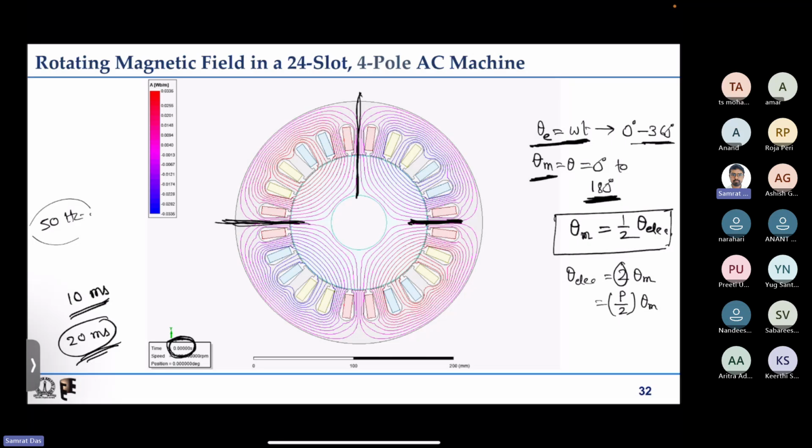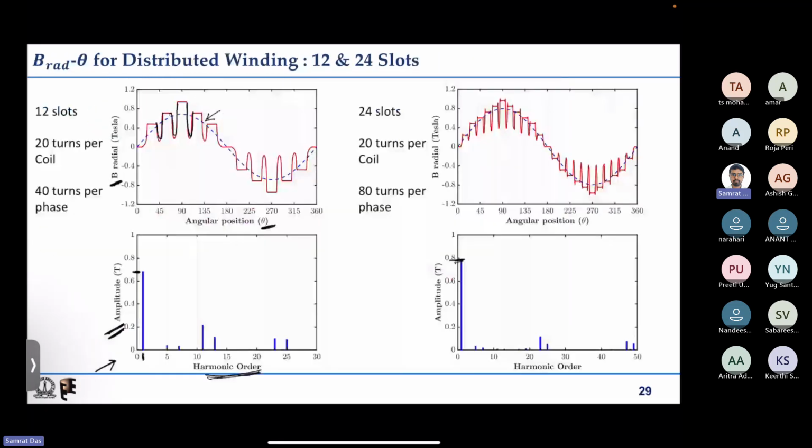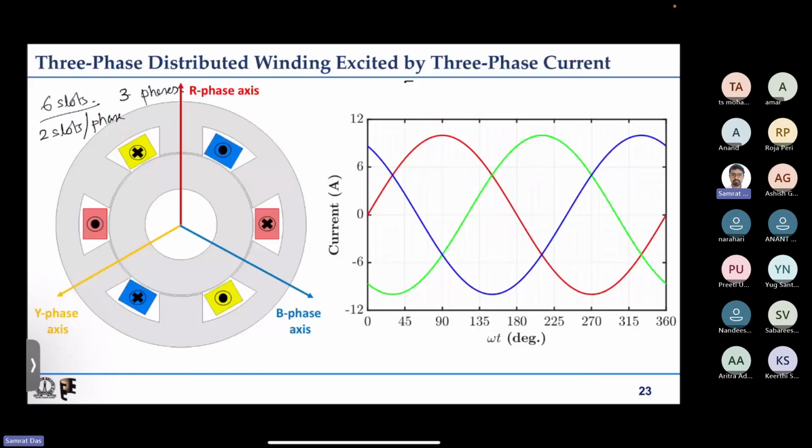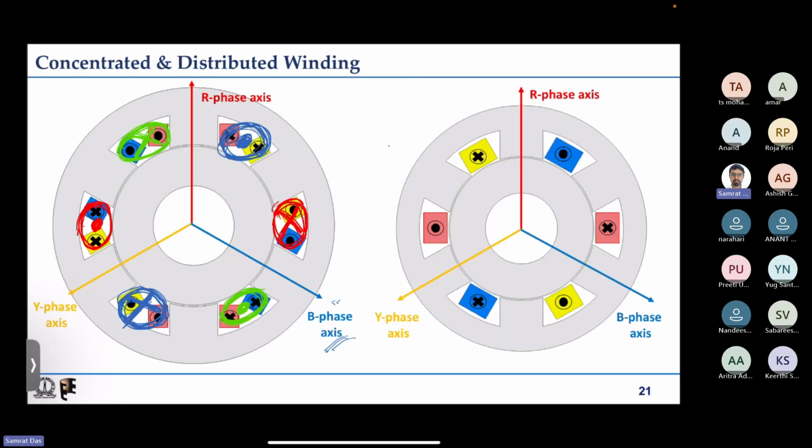Sir, any other question? Yes sir, in slide number 21, for our phase, if the total number of turns is, let's say, n, you are dividing it by 2 and creating two such poles.